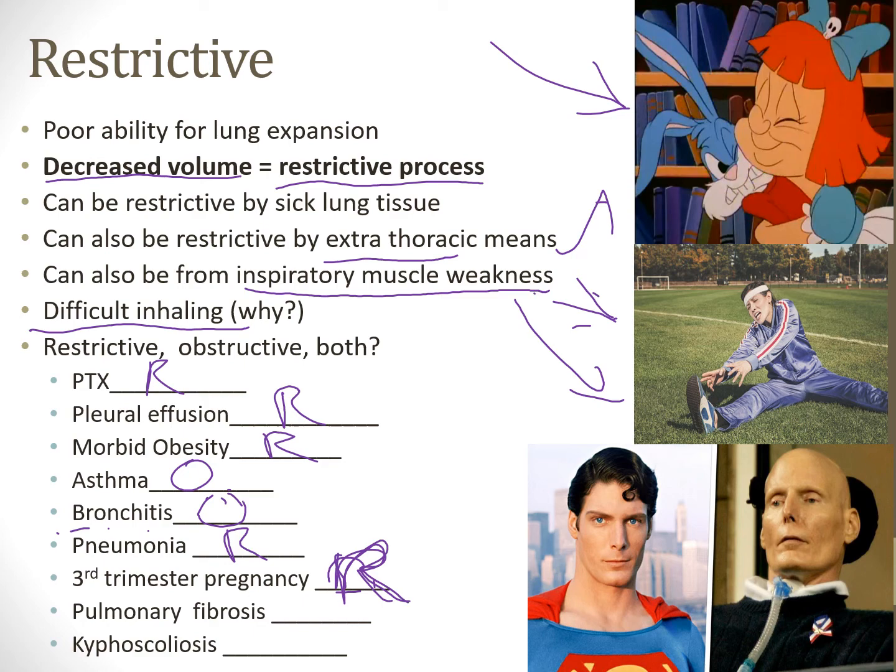Restrictive, that's an R. It's pushing against the diaphragm, inhibiting mom's ability to expand the lung tissue, so they can have a restrictive effect. Pulmonary fibrosis, where the respiratory zone develops scar tissue. This is going to be restrictive. And kyphoscoliosis, something from the thoracic cage, is decreasing the ability to expand. Of course, that is also going to be restrictive.